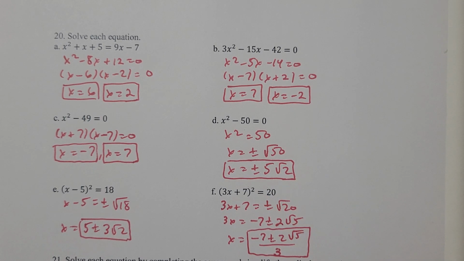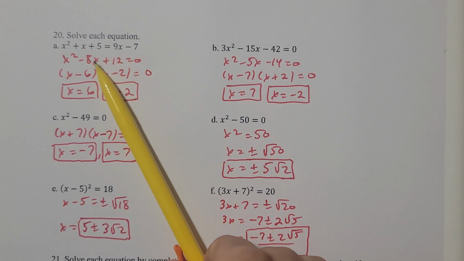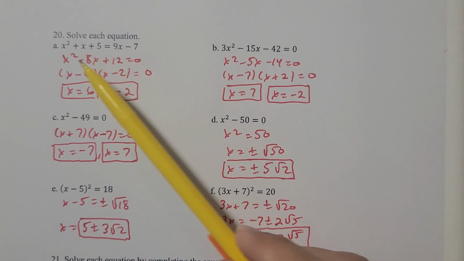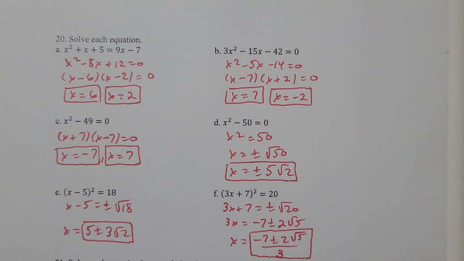In part A, I have the equation x squared plus x plus 5 equals 9x minus 7. If I get everything onto the left, subtract 9x and add 7, I get x squared minus 8x plus 12 equals 0. That would be an example of a quadratic equation.